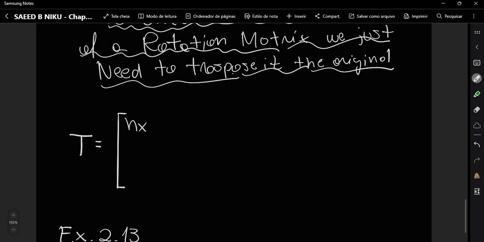So it is nx, ny, nz, and you will see that we add this fourth line, which is the scale factor that we add to keep this matrix in its quadratic form.